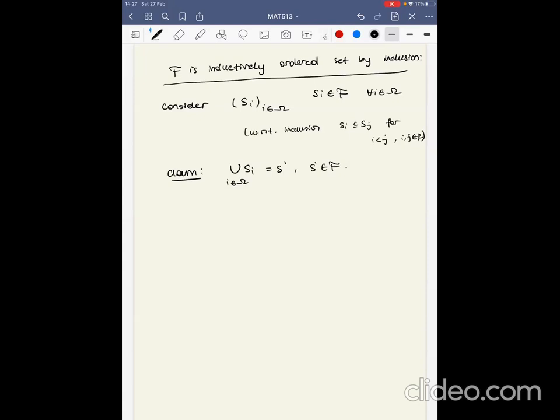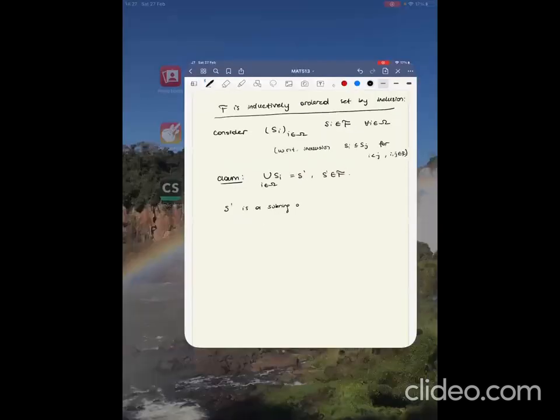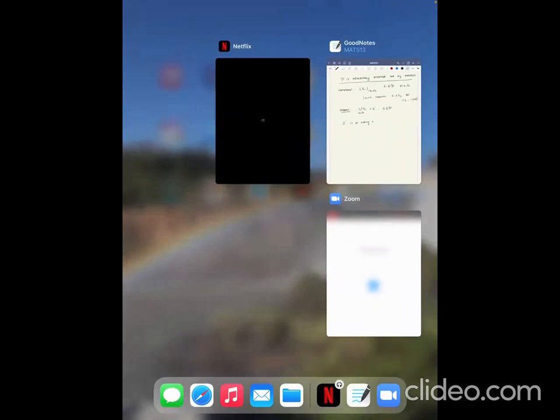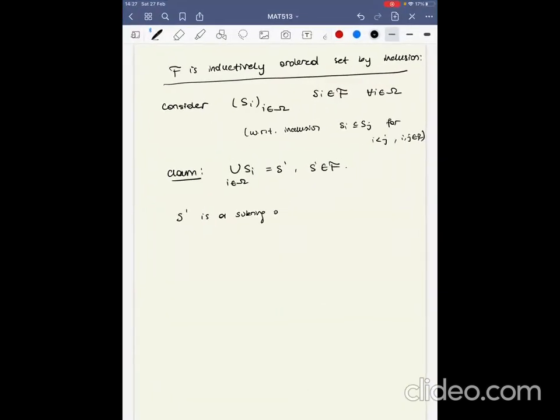And in order to see that this union is in curly F, first we need to see that S prime is a subring of F. Sorry for the mess.